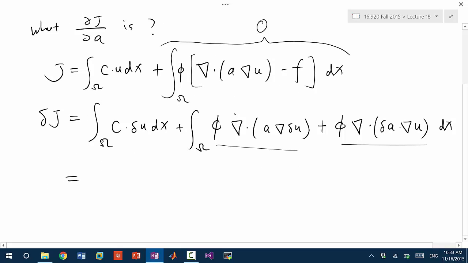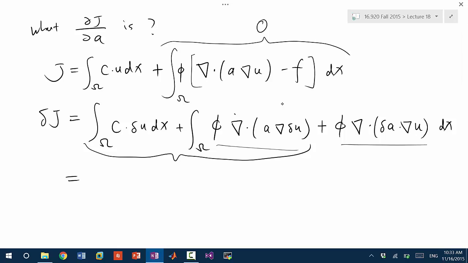Okay, so now I can combine these two terms and find the phi that removes delta U from this equation. How do I do that if delta U is within some differential operators? How can I pull delta U out of these differential operators so that I can say the coefficient multiplied on that is going to be 0?